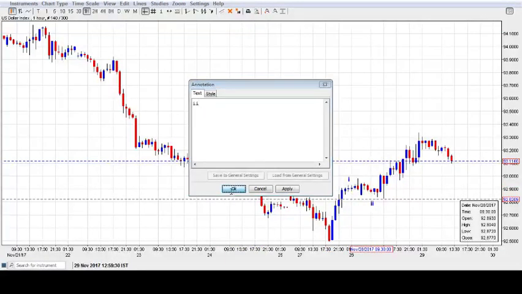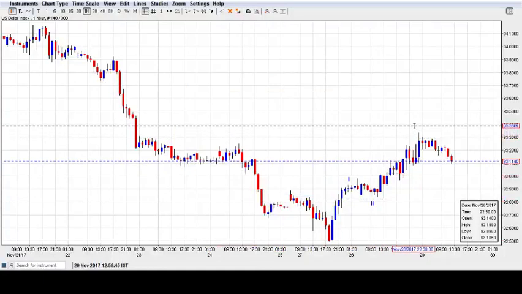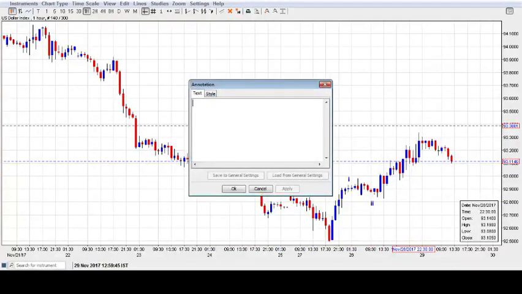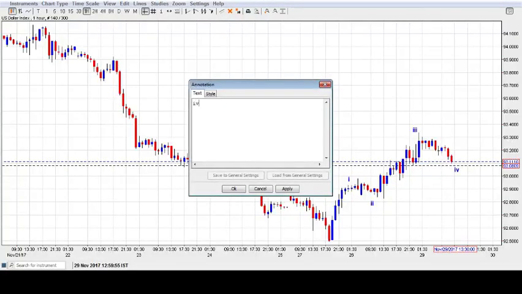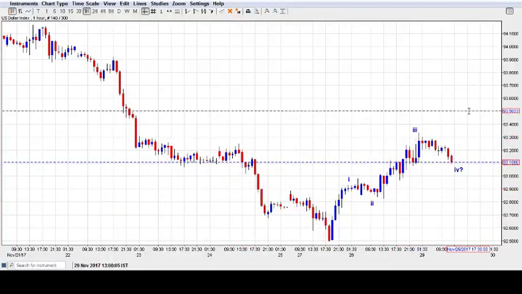Wave 2, probably wave 3, wave 4, and that will be wave 5.